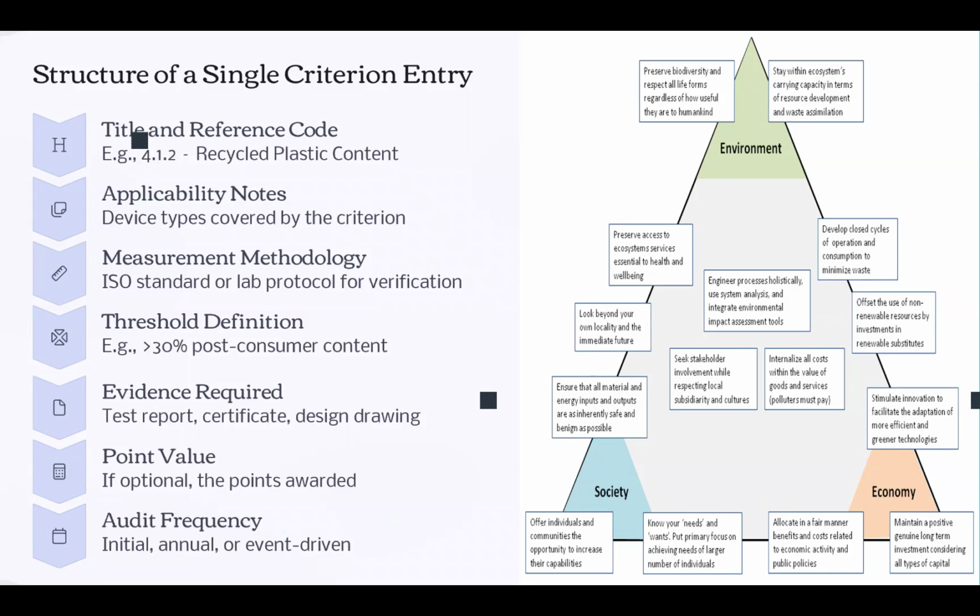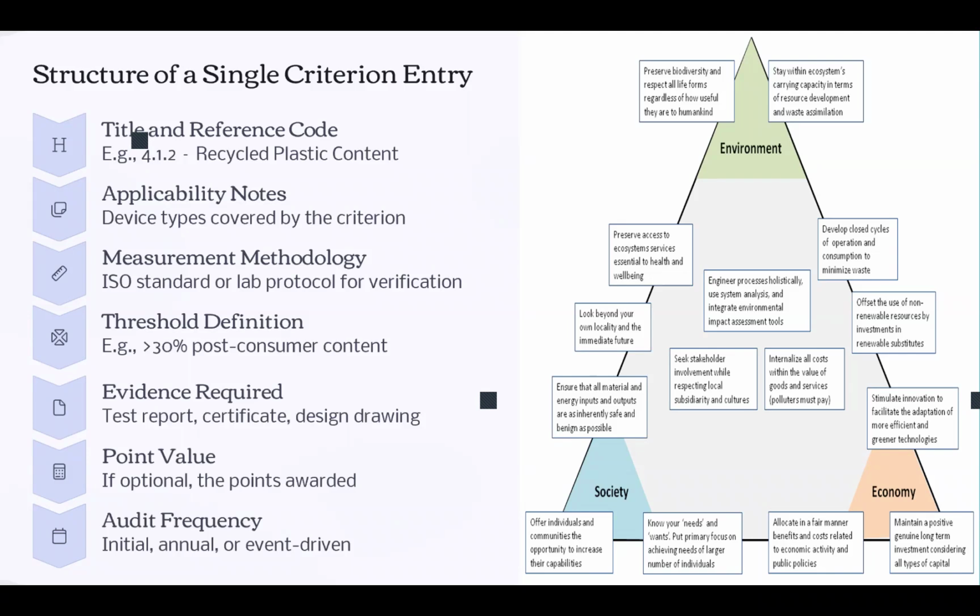So this is the exact number you need to hit, like having more than 30% post-consumer recycled content. Now, evidence required includes things like a third-party test result, or data sheets, or certifications, or design schematics. If it's an optional criterion, it also tells you how many points it's worth.